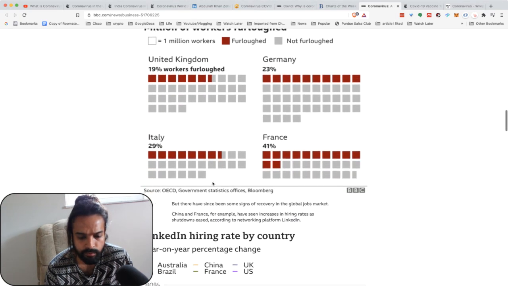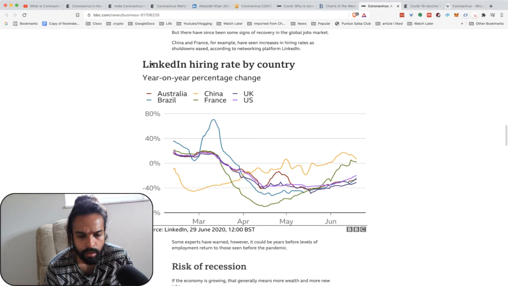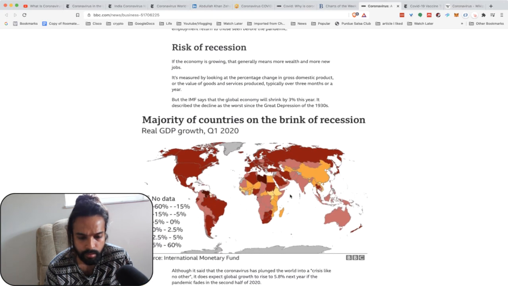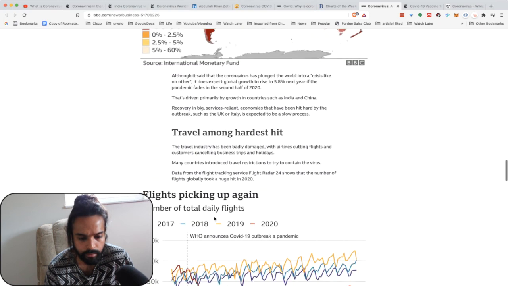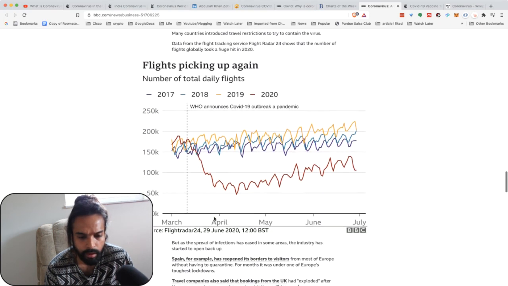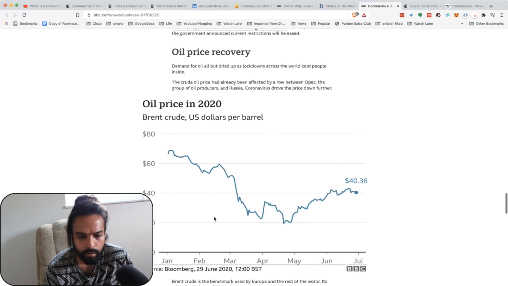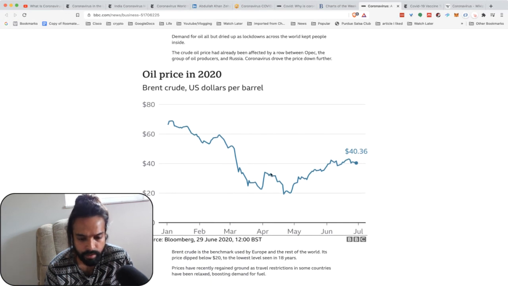Millions of workers furloughed. As you can see, hiring has slowed down, and there is a risk of recession. The majority of countries are on the brink of recession. It's almost showing the United States is in recession, and Europe is also in recession. This is Brazil there. Flights picking up again. Oil price recovery. The oil price dropped because people were literally not going outside.